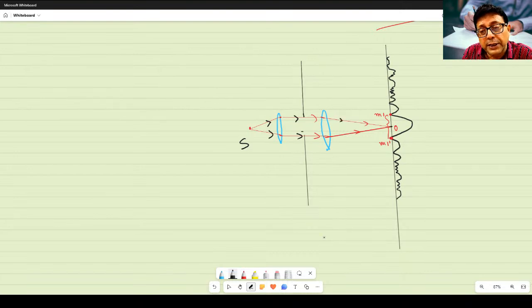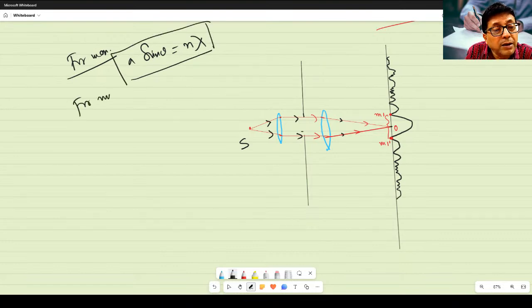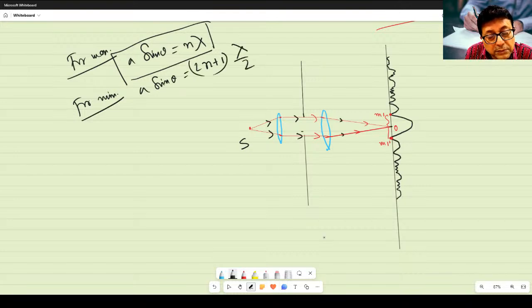Diffraction effect is there, but I did not draw all those things, because we have proved that for maxima the condition is, although a logical proof, but for a board exam this proof only will be there. For maxima a sin theta is n lambda, and (2n plus 1) lambda by 2, this you have done.